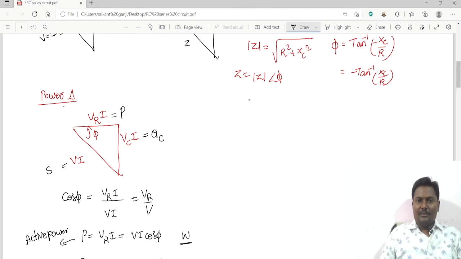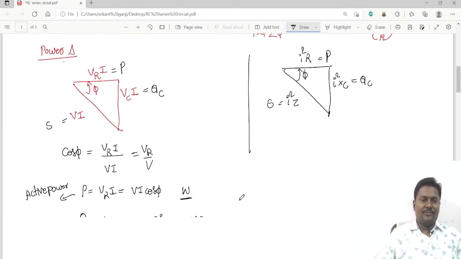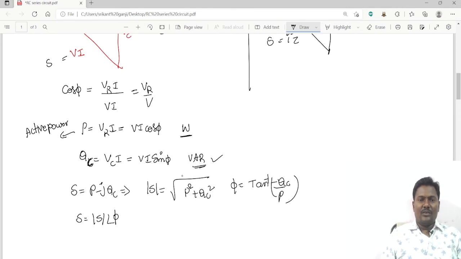And from the impedance triangle, if you multiply I square to the impedance triangle, you get I square R, I square XC, and I square Z. What is I square R? It is active power, I square XC is capacitive reactive power, and this is S. The unit of QC is var, and for complex power the unit is volt ampere.